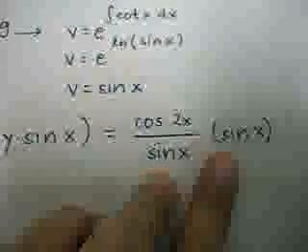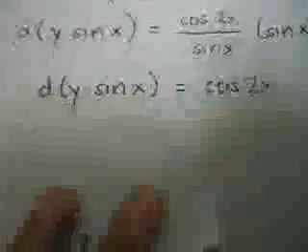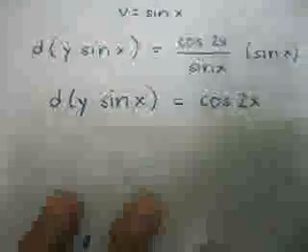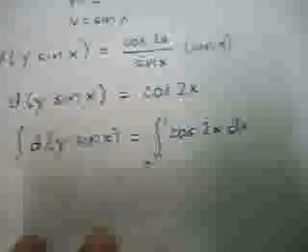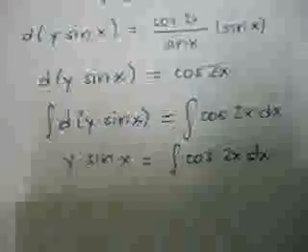And as you can see, sine x here just cancels. And we are left with the derivative of y times sine x, which is equal to cosine of 2x. And then we integrate both sides, and we are left with y times sine x is equal to the integral of cosine of 2x dx.